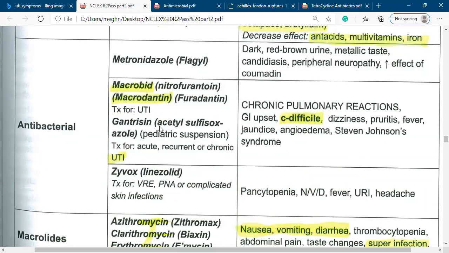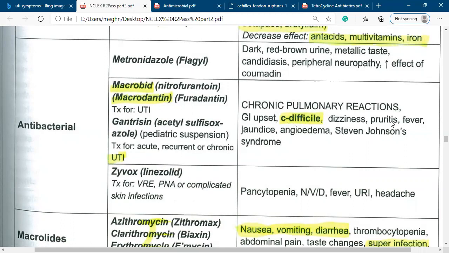Another antibacterial medication we use is called Gantricin, a pediatric suspension for acute, recurrent, or chronic urinary tract infection. The common side effects for all of them are chronic pulmonary reaction, GI upset, sometimes dizziness, pruritus, or fever.